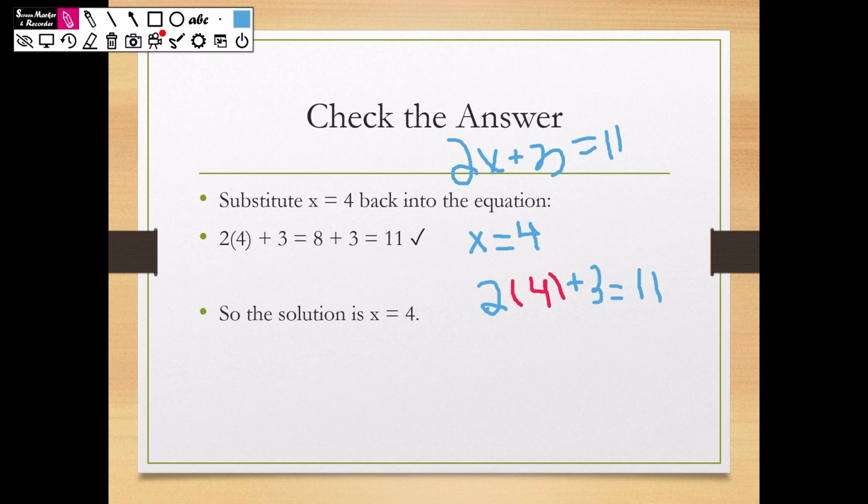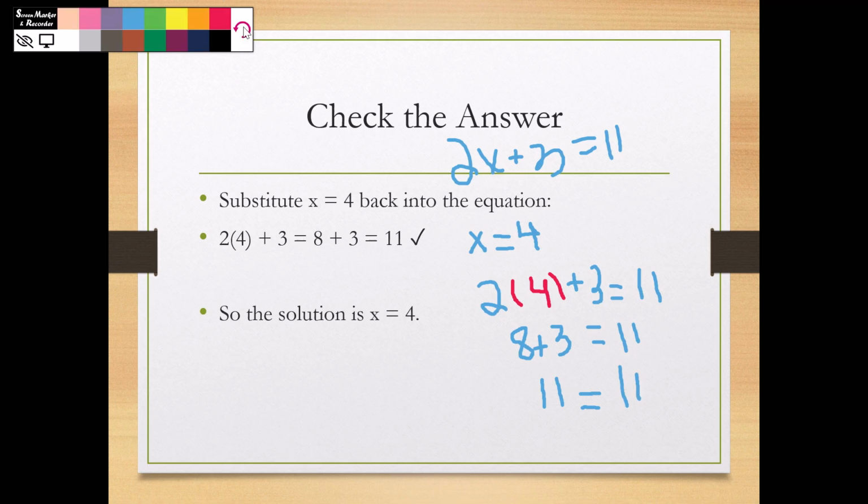Here 2 times 4 will give us 8, right? 8 plus 3 will give us 11, right? So at the end, we will get that 11 is equal to 11, which is actually correct, right?